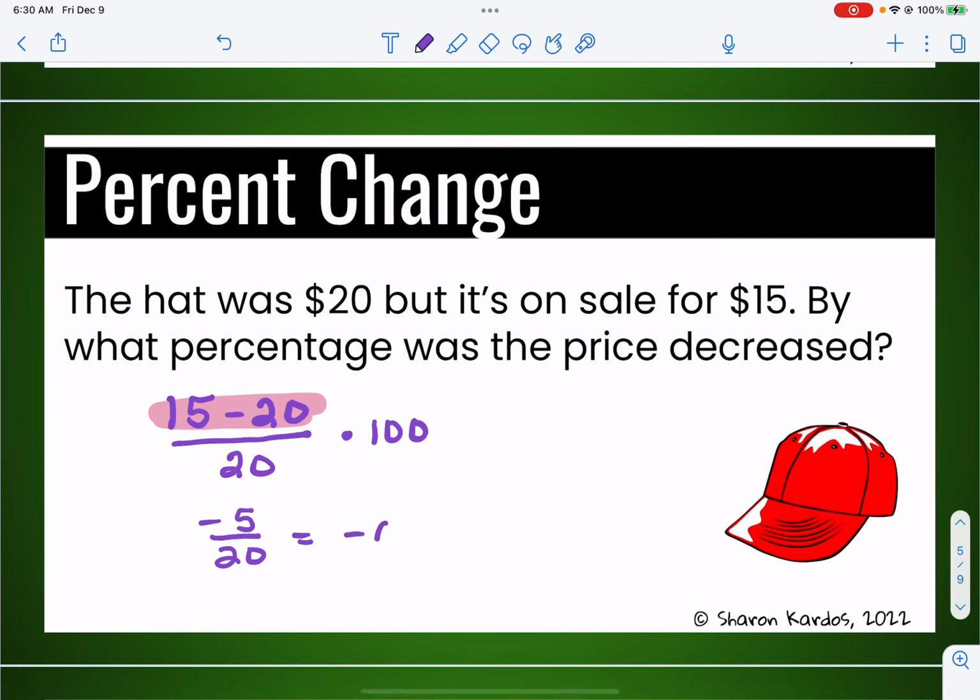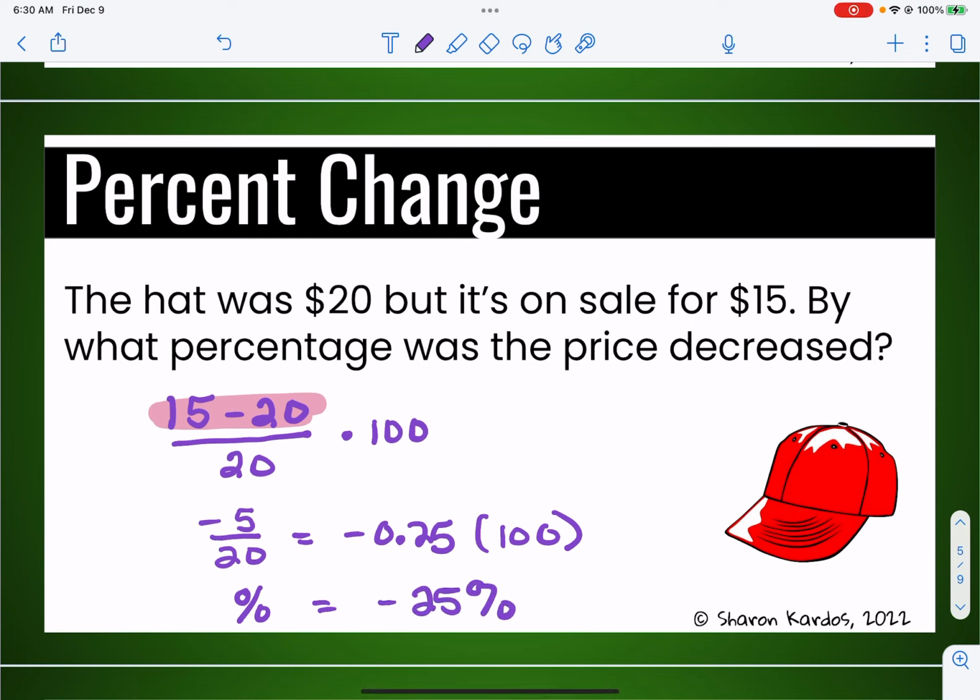That would be negative 0.25. But remember, I'm not done because I also need to multiply it by 100. And when I multiply it by 100, my percent of change comes out to be a negative 25%.